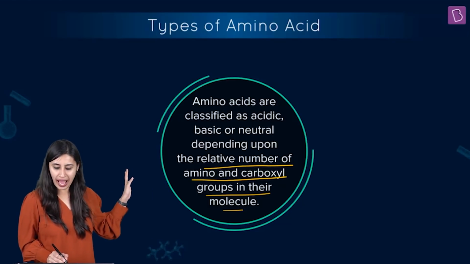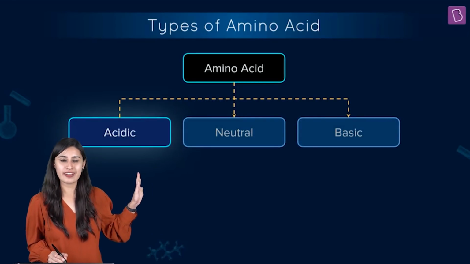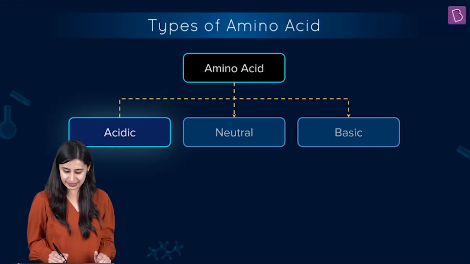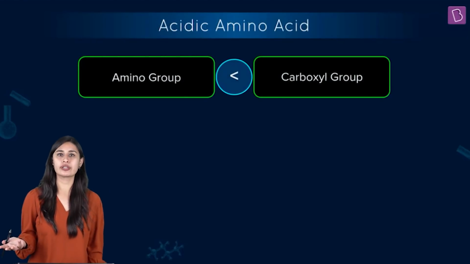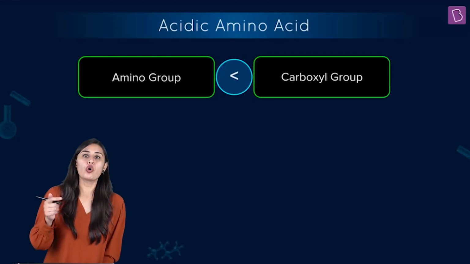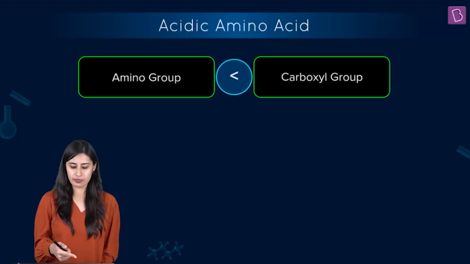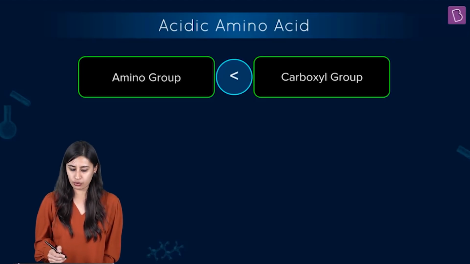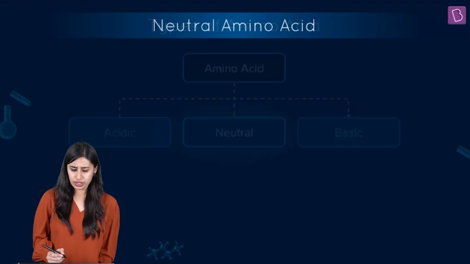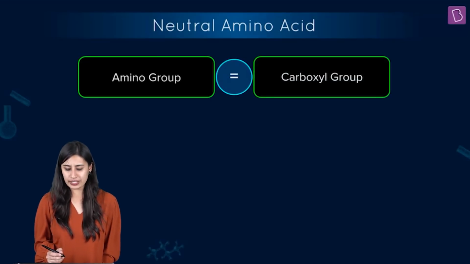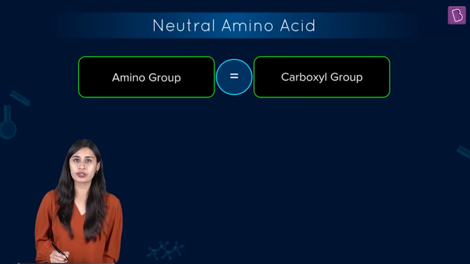So when I talk about acidic amino acids, let's see what's going to be there. Check it out. Of course, the COOH groups will be more as compared to the amino groups. What about neutral? Of course, the amino group should be equal to the carboxyl group.